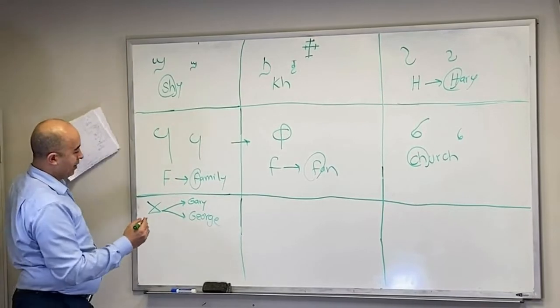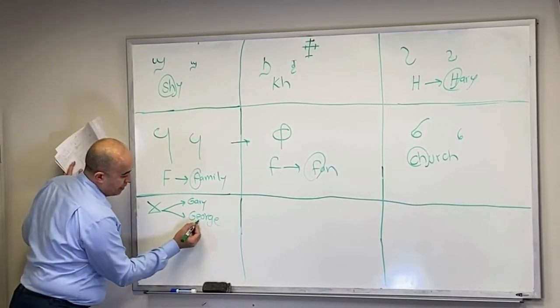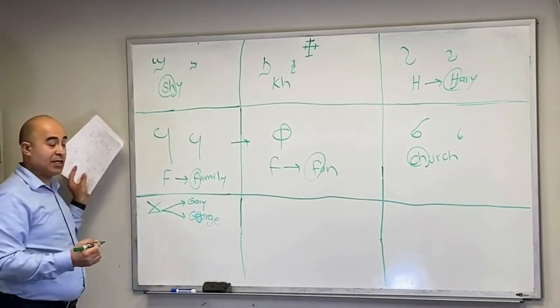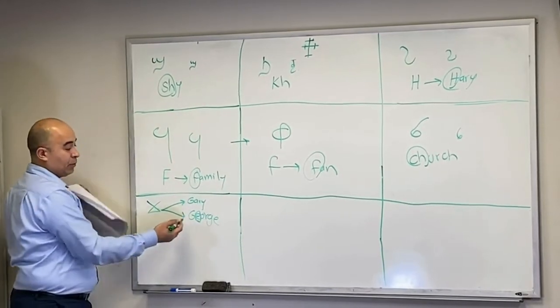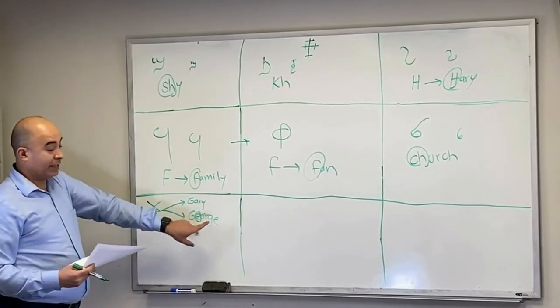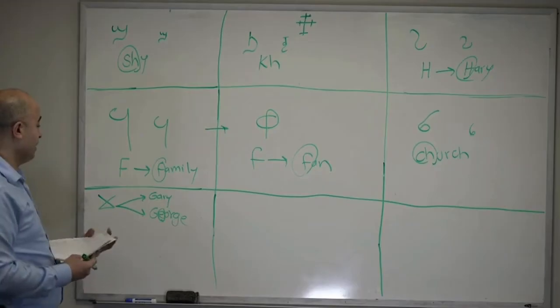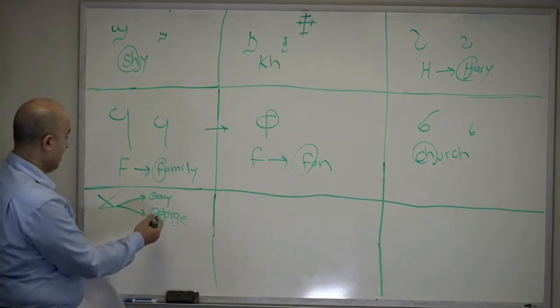Have you ever thought about it? George doesn't have a G sound, so the name originated to pronounce that J, the soft G, they had to add that E, because otherwise the name would become Gauche. But it's George because of that E.